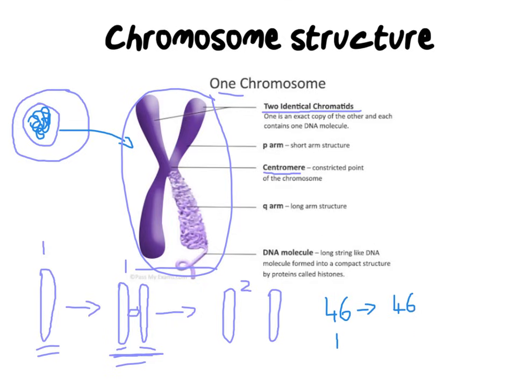The difference is it went from 46 single strands to 46 doubled strands. The fact that they are doubled doesn't change the amount that we have because they're identical. However, we may have 46 chromosomes, but we have 92 chromatids, which refers to these individual arms.